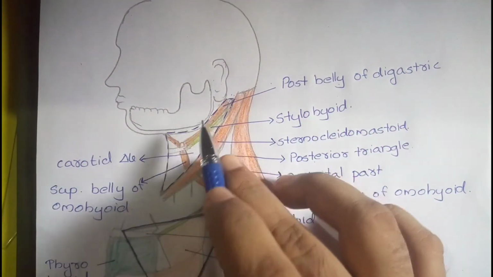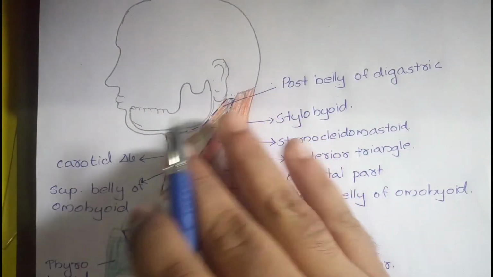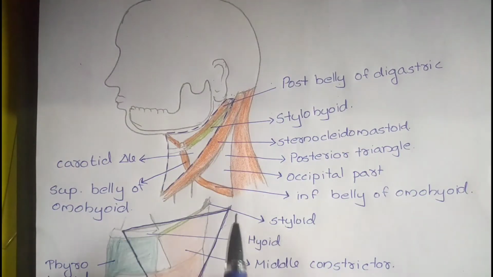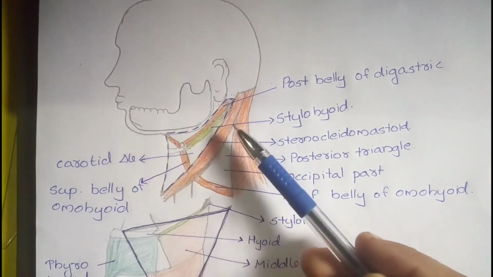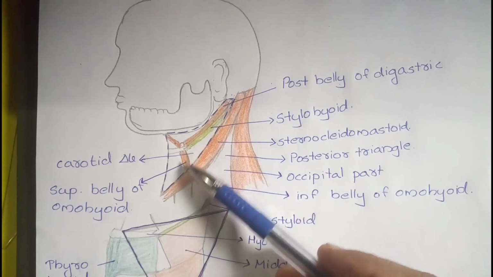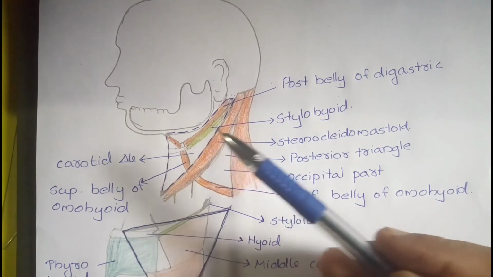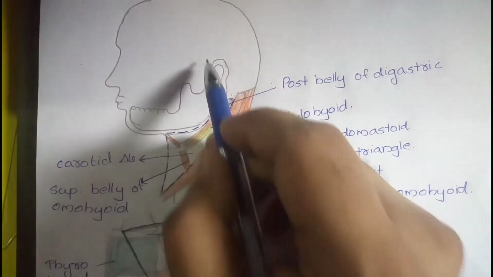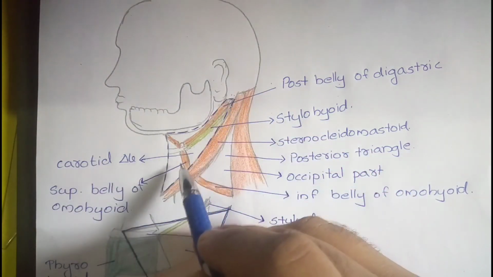The roof of this triangle will be the skin, as all of you know, and below that there is a superficial fascia. This superficial fascia contains the platysma muscle, as all of you know, and the cervical branch of the facial nerve. The facial nerve comes out behind the parotid gland and gives a cervical branch to the neck.